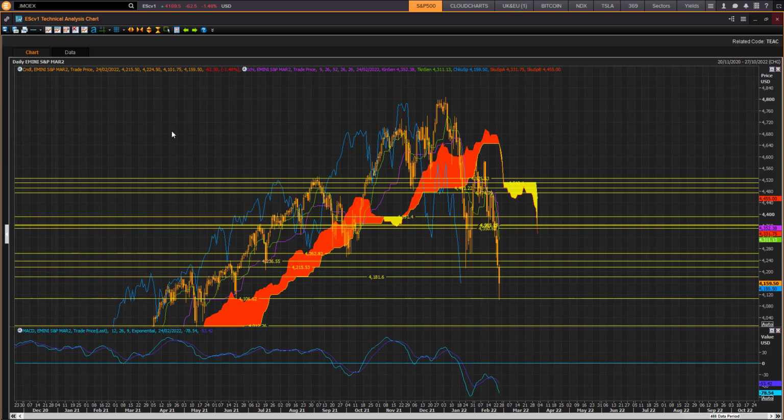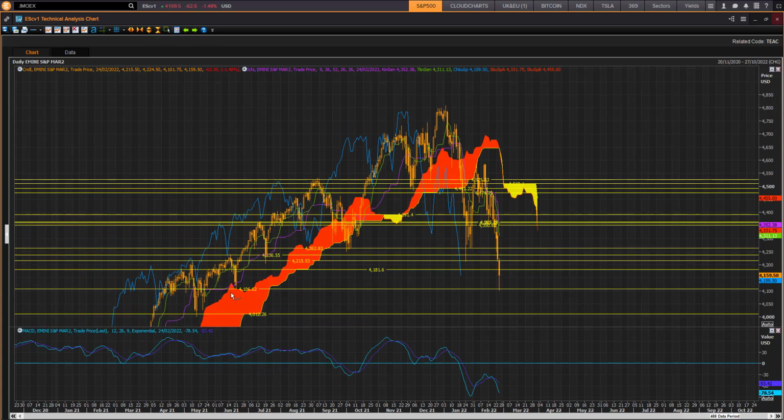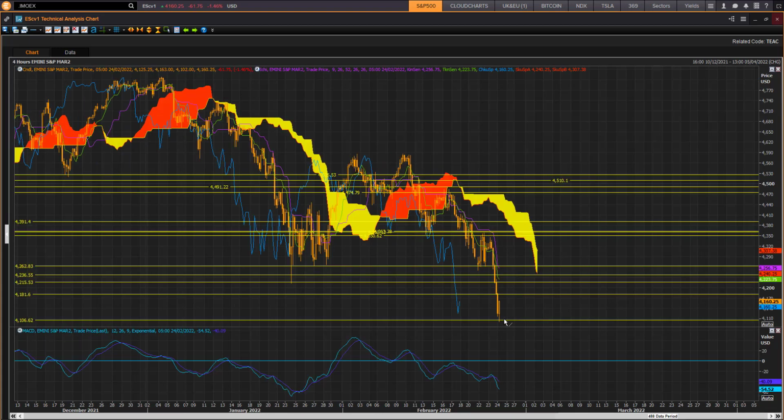It says 4012, so that's quite far away. 4012 is the next major support zone, and that coincides with the low of May. So there's still some downside risk, but do remember the market is now a confirmed bearish trend. Price action is below the cloud, so cash is about the best place to be, with shorter term swing trades from these key support levels back up to the bottom end of the cloud.